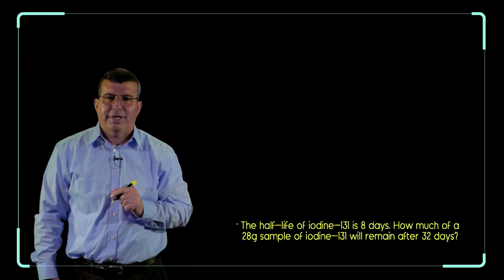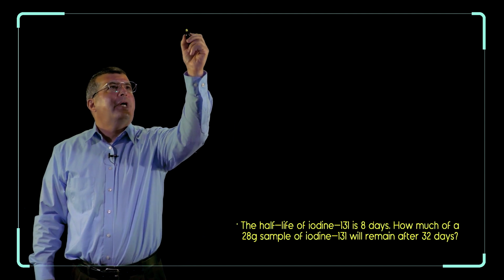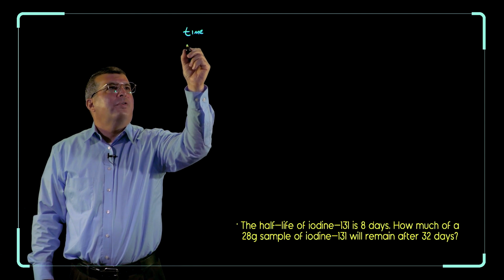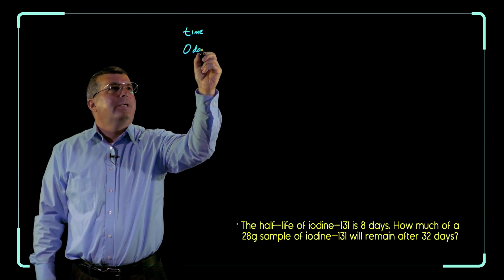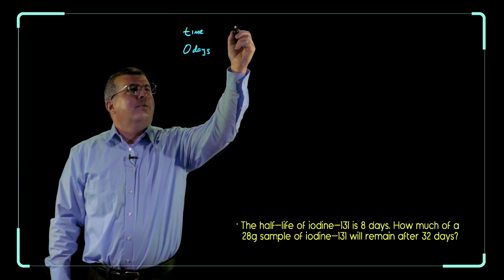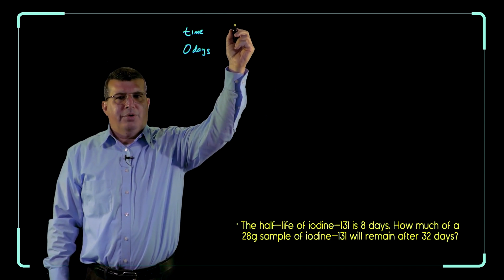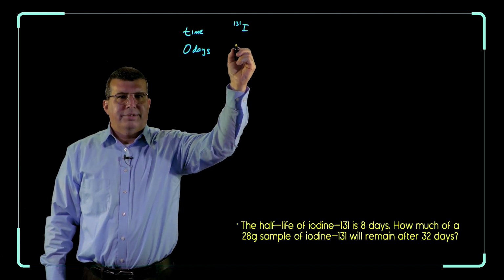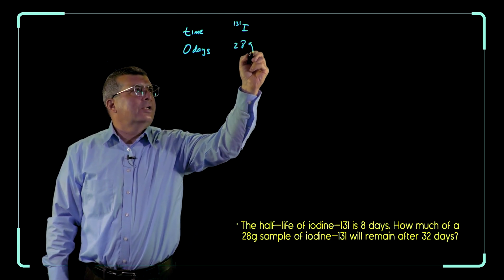Okay, I'm going to do this as a chart. So I'm going to put time, and we'll start off with 0 days, and the amount of iodine-131 is initially 28 grams.